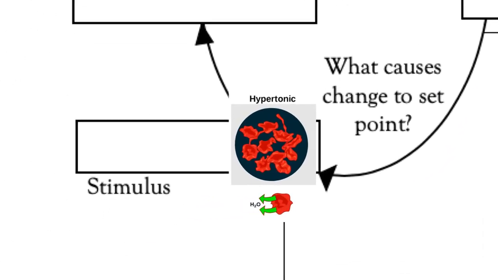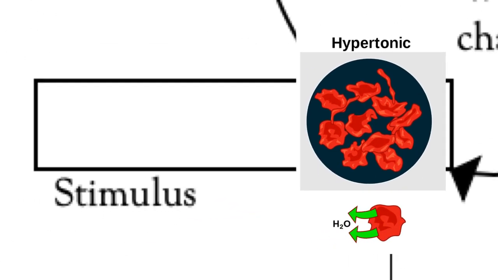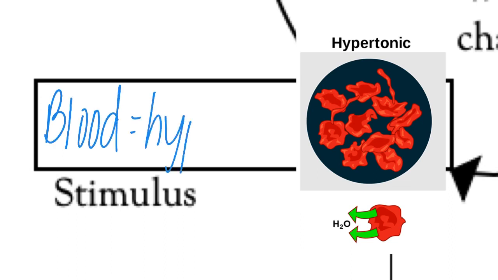However, if your blood gets really, really hypertonic, meaning the area around the blood, the liquid portion, the plasma, if that gets hypertonic, then water is going to be moving out of cells and into the plasma, right? So from cells to the liquid to that surrounding area. So blood equals hypertonic, okay?